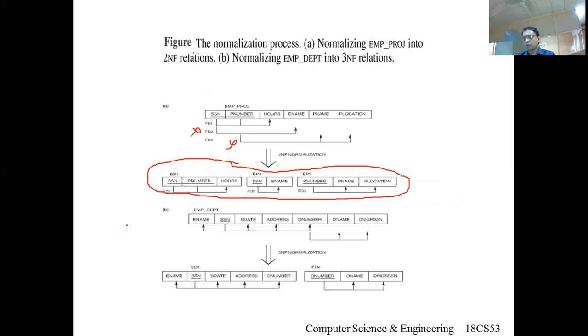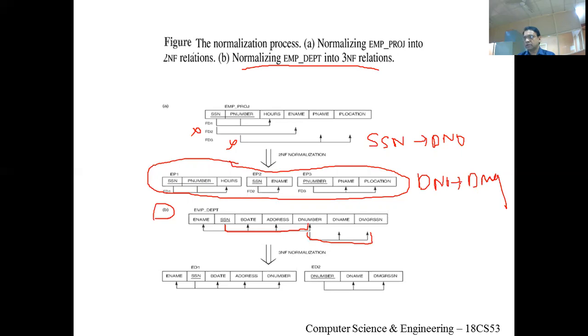Observe the second diagram, that is B. Normalizing employee department into 3NF relations. See, SSN determines department number, and then department number determines DMGR SSN. I'll write it down here: SSN determines department number, and department number determines the manager SSN, DMGR SSN.